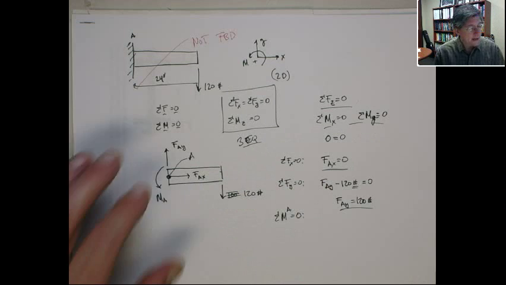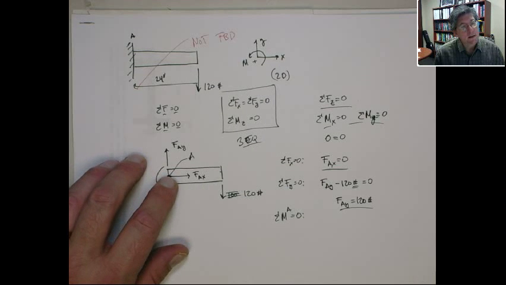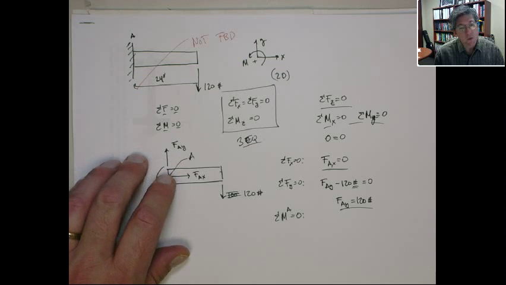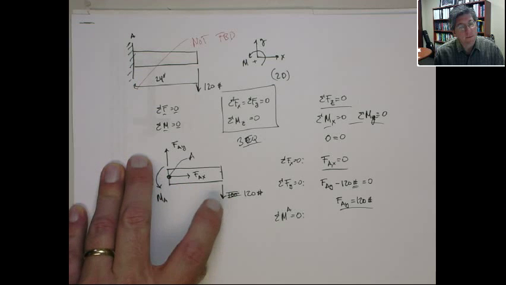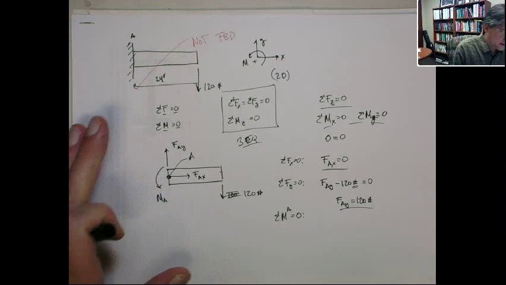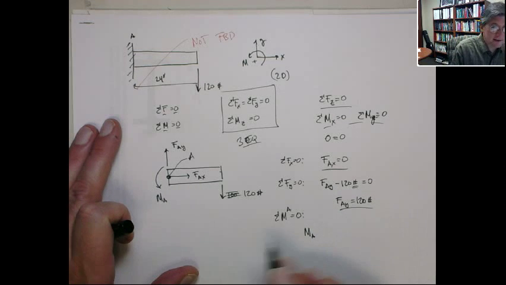Now, I chose A because what's it going to do? It's going to eliminate the moment due to F(A)x and F(A)y. So I don't have to worry about this. I only get a moment from this force. So it makes my equations go real simple. So this gives me MA. I've drawn that in the positive direction.